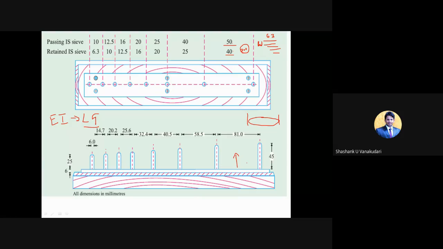Or between these particular poles. If you have placed it in this part, it will easily pass. So the aggregates you have to retain, so that you come to know the exact percentage of elongated material. Clear? Some aggregates will pass and some will be retained.